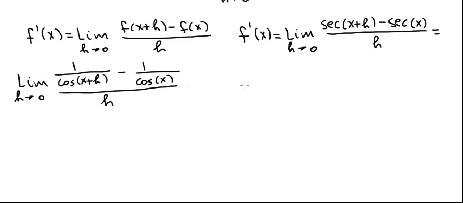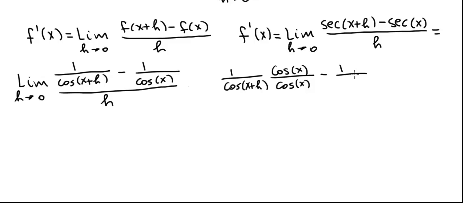Now let's look at the numerator: 1 divided by cosine of x plus h. We'll multiply it by cosine x over cosine x, minus 1 divided by cosine of x, and we'll multiply that by cosine of x plus h over cosine of x plus h.